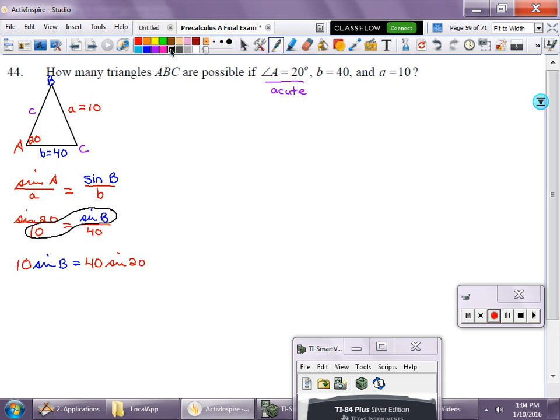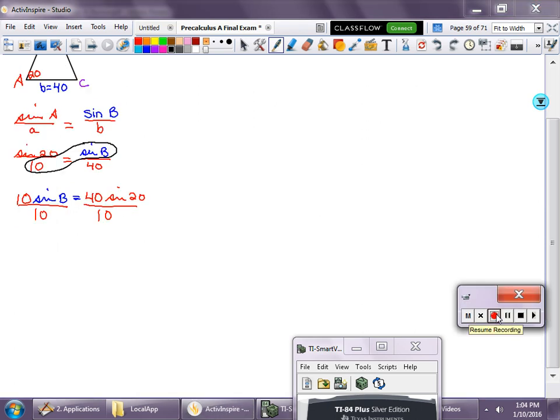Undo multiplication with division. We're solving for sine B. Okay, and again, these help you with your steps. A number divided by itself is 1. Here is what we're looking for. We are trying to find angle B, using the sine of B to help us.